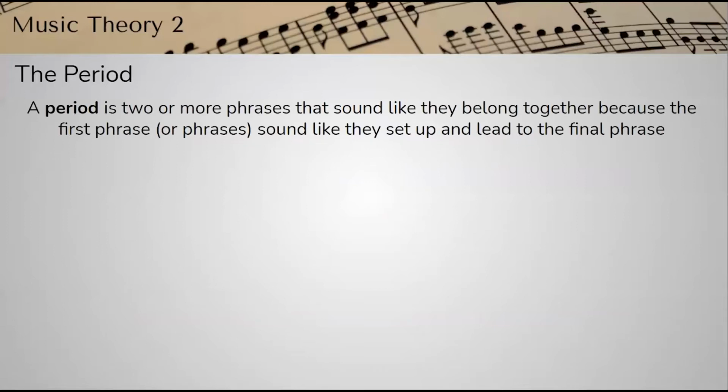So these are the kinds of things that we're going to be talking about in just a second here. Okay, so let's talk about the larger structures. We know how to analyze a cadence, and recognizing a phrase is pretty easy, but you can also put them together. So a period is what this is. A period is two or more phrases that sound like they belong together because the first phrase or phrases sound like they set up and lead to the final phrase.